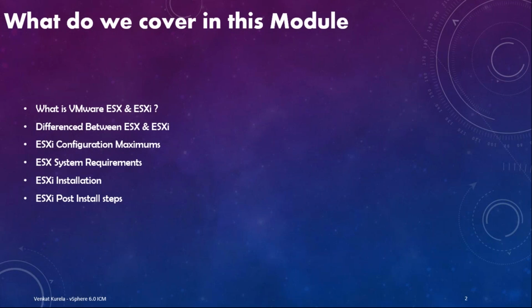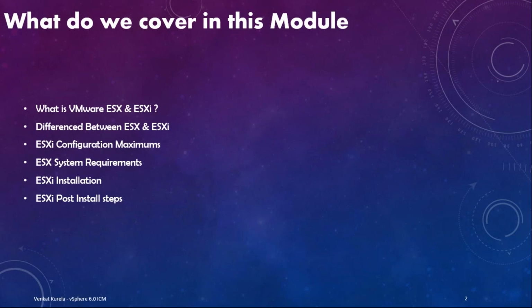So with that said, the agenda for this module is what is VMware ESX and ESXi, and the differences between ESX and ESXi. In the previous module, we talked about the components of vSphere.